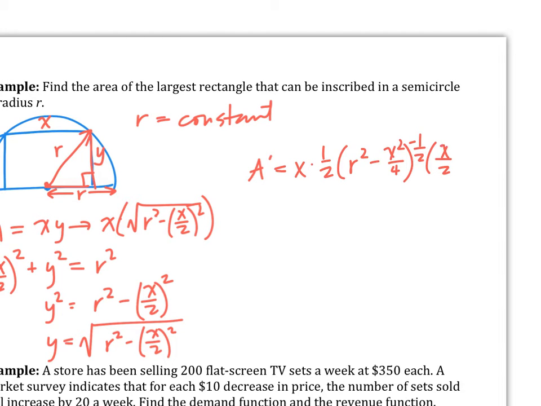I'm just taking the derivative of the chain rule. Okay, x times the derivative, so chain rule, 1/2 times this to the negative 1/2 times the derivative of this, which is negative 2 over 4 x, so negative x over 2.